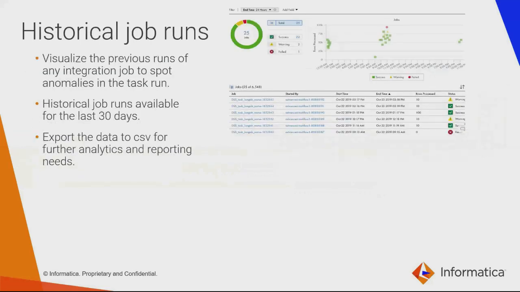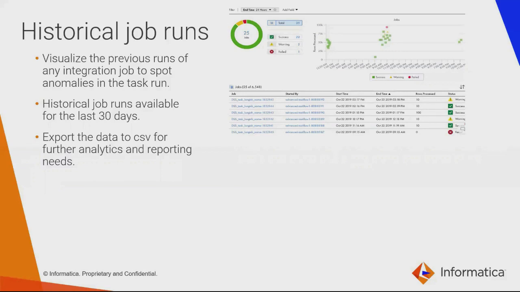Another thing that we added is the historical job runs. If you go to operational insights, for every asset that has been run, we will now show you the historical runs, like if it's been run every day or every hour in the last 30 days, you will be able to see.